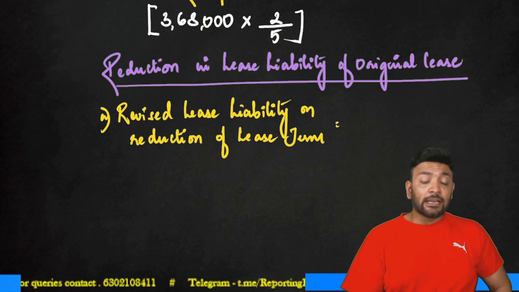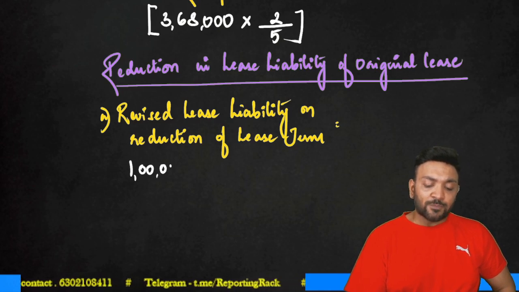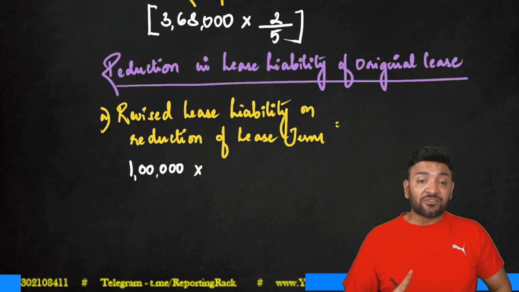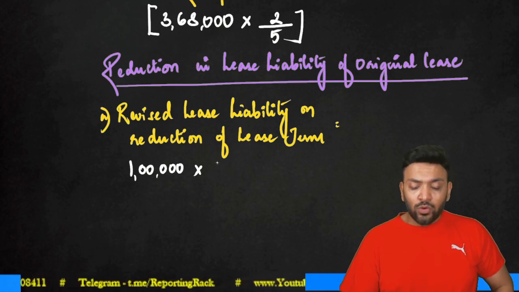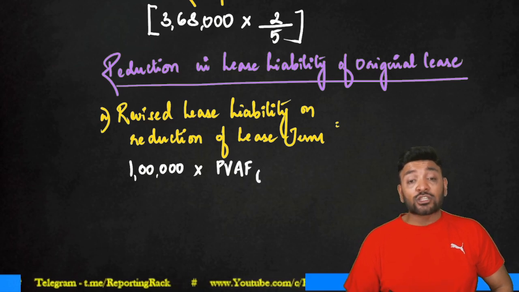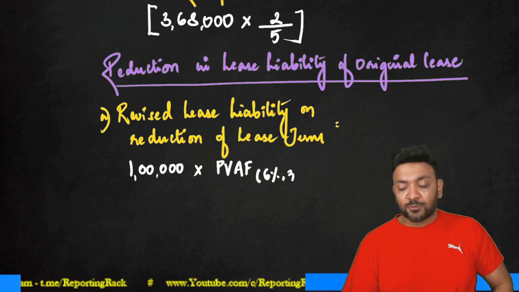Guys, the revised lease liability will be 1 lakh of lease payment on the original lease. Don't consider that 50,000 rupees of increase. So now into the present value annuity factor, how many more years to run? 3 more years to run. Take it at the same rate of 6%.